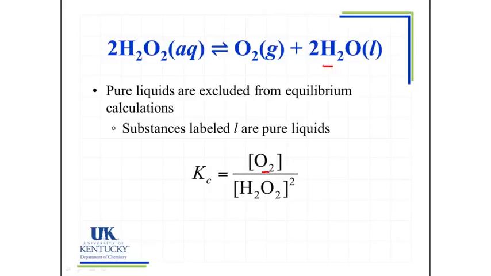I notice that water, because it's a pure liquid, is omitted. On the bottom, I have H2O2 to the second power for the coefficient there, and note that this is aqueous. Remember that aqueous means it's dissolved in water, it's a solution, and so I do include that in my law of mass action. So the only things I omit are solids and pure liquids.